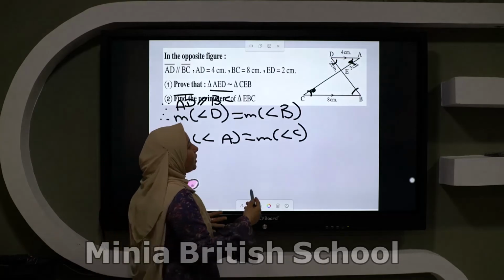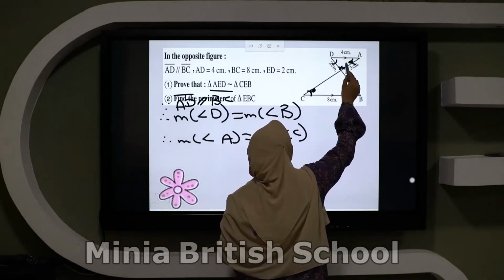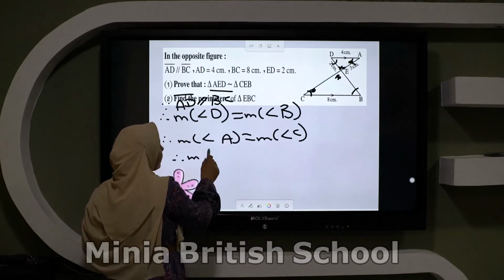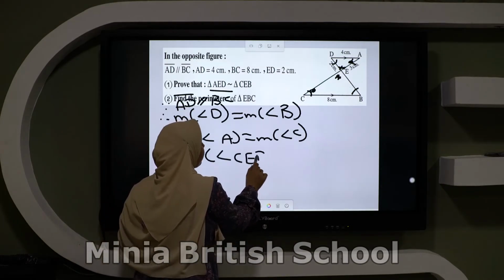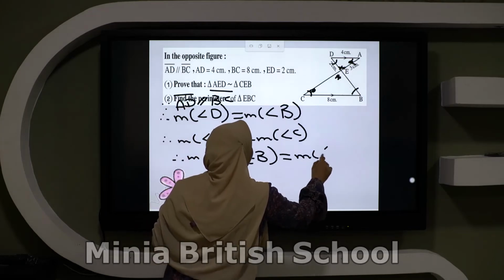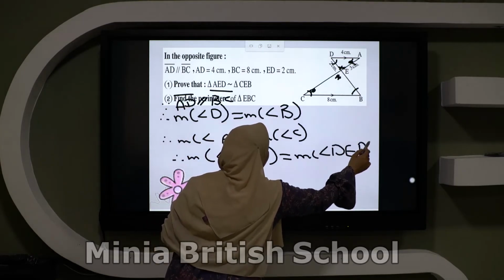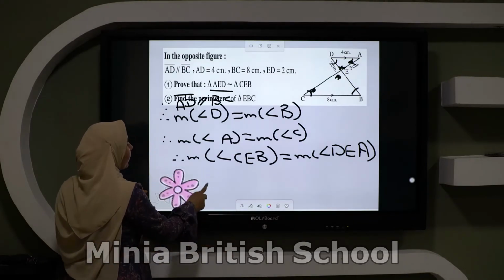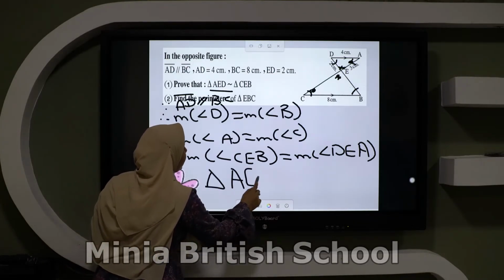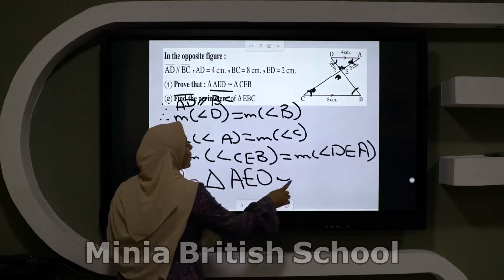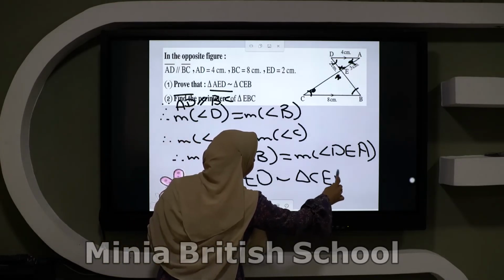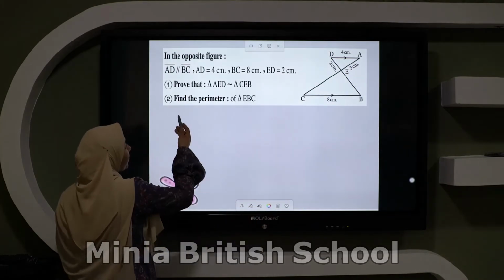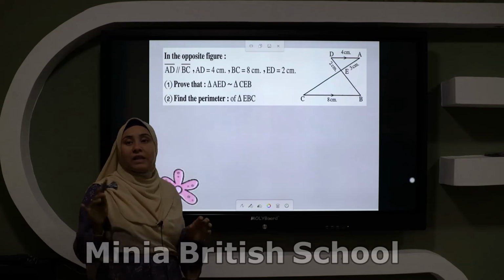And also measure of angle AED equals measure of angle CEB, vertically opposite angles. Therefore, the triangle AED is similar to the triangle CEB. Clear?